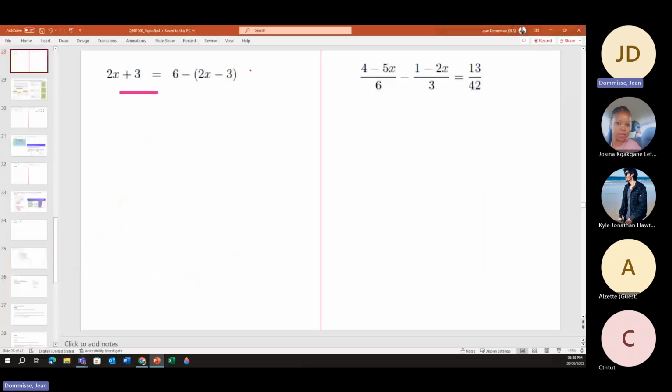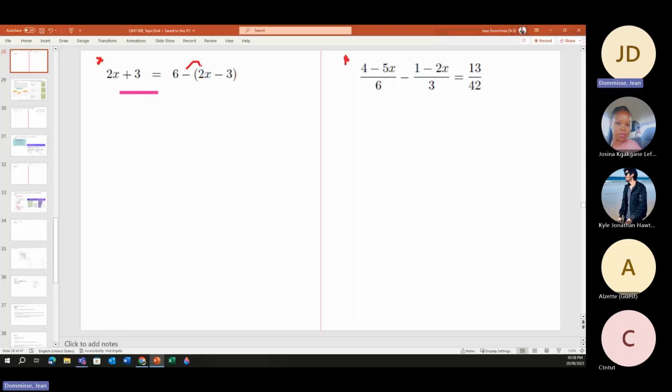Okay, so what I've done is a combination. We're first going to look at this one, and then a nice fraction one, and just show you how to calculate it. On the left-hand side, we've got nothing that we need to change. On the right-hand side, we've got brackets, and in front of the brackets there's a minus.